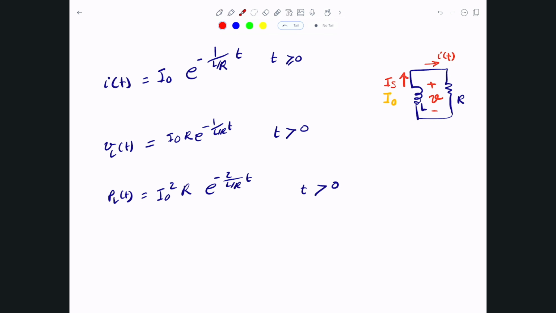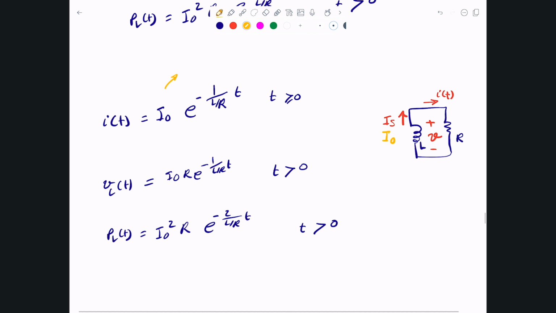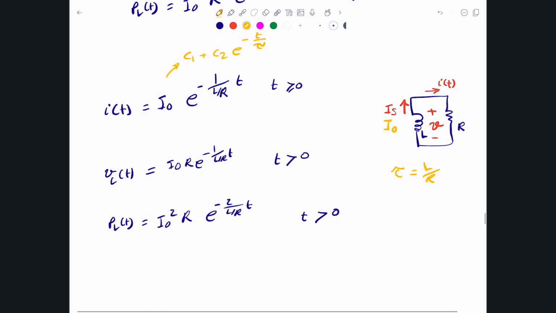And the way we can compute the current after switching, right after the zero switch, we end up with this particular equation. This is of the form that we've seen before, which is simply C1 plus C2 e to the negative t divided by tau. And just remember, in this case tau is simply L divided by R. Okay, and of course this is in seconds, so that the unit here has to be unitless.